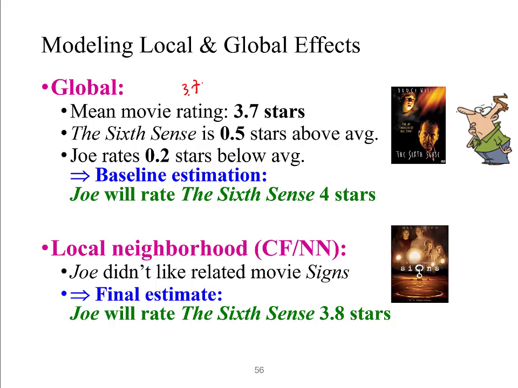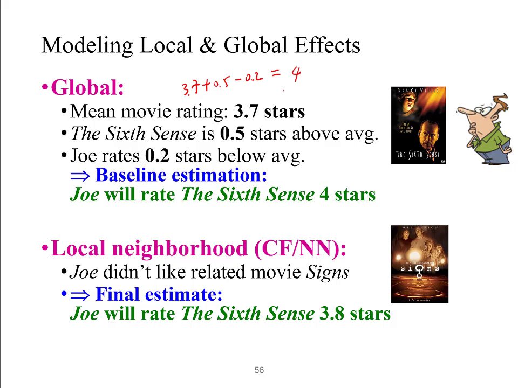The mean movie rating is 3.7, the movie is 0.5 above the average, and the user usually rates 0.2 below the average. So if we do the computation, we will get 4 as a baseline estimation. So Joe will rate this movie like 4 stars.